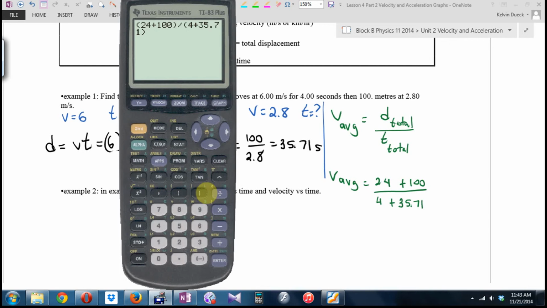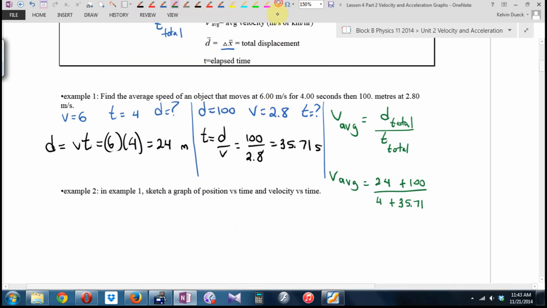What was my average speed for this trip? Apparently about 3.1 meters per second. Not very fast, because on that second trip, most of the time I was traveling at 2.8 meters per second.